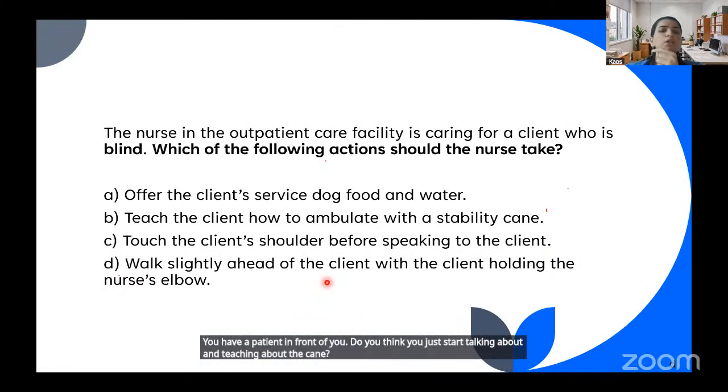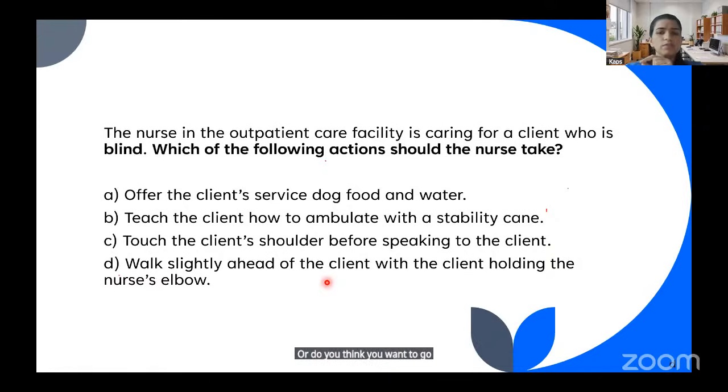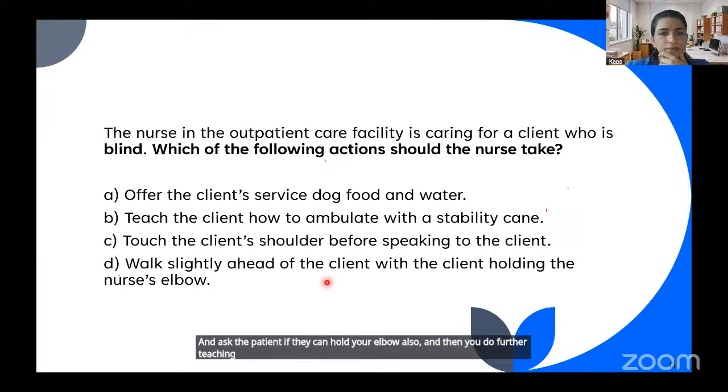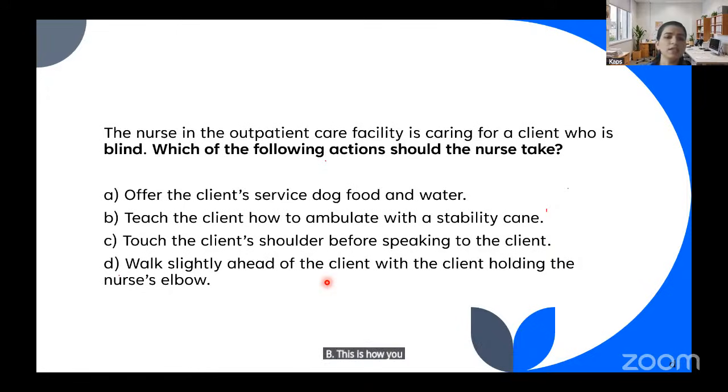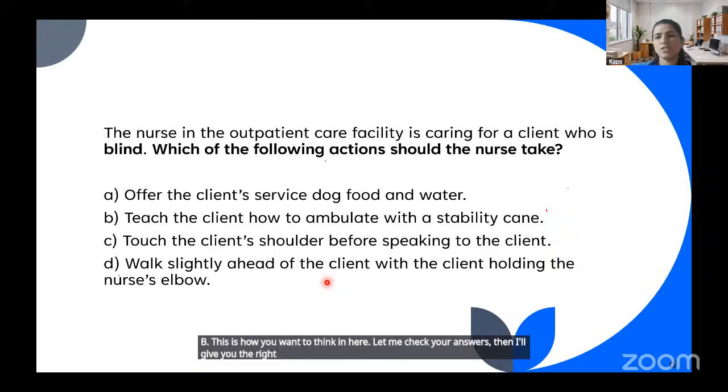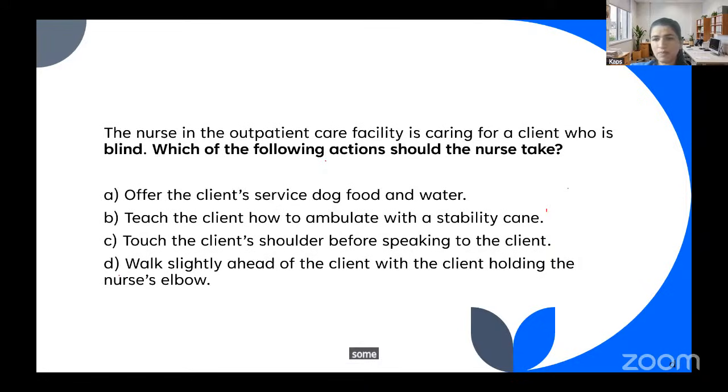Or do you think you want to go in front of the patient and ask the patient if they can hold your elbow, and then you do further teaching whatever is required? So does B come before D, or D before B? This is how you want to think here. Let me check your answers, then I'll give you the right answer because this is a tricky question for some students. I can see some students pick B, some students picking D.